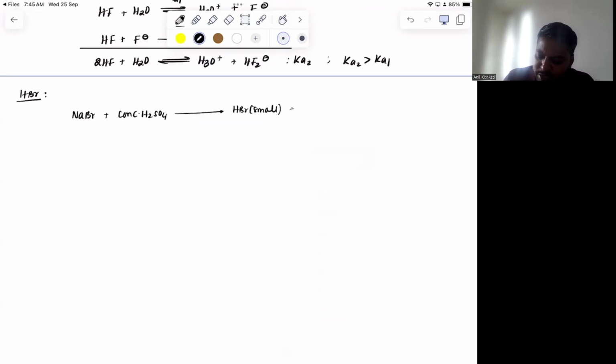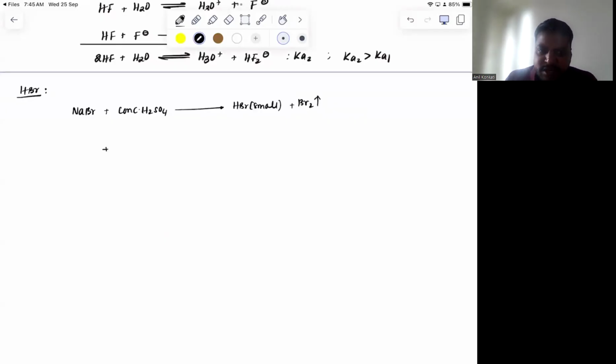The rest of the bromine gets oxidized to Br2, so we cannot get HBr easily. That's why we use H3PO4, which has no oxidizing nature. So this will become HBr.